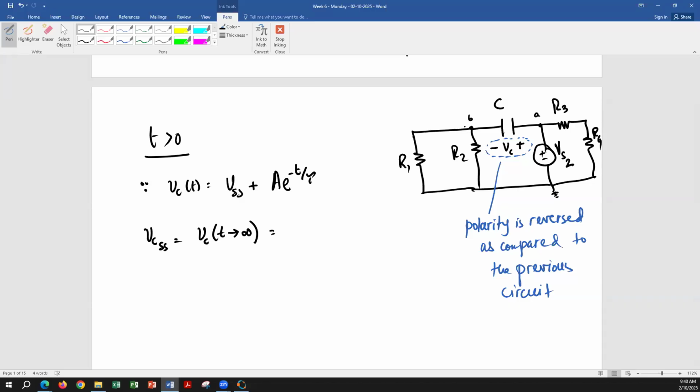And that is going to be VR2 minus VS2. But what is VR2? That's what I'm asking.